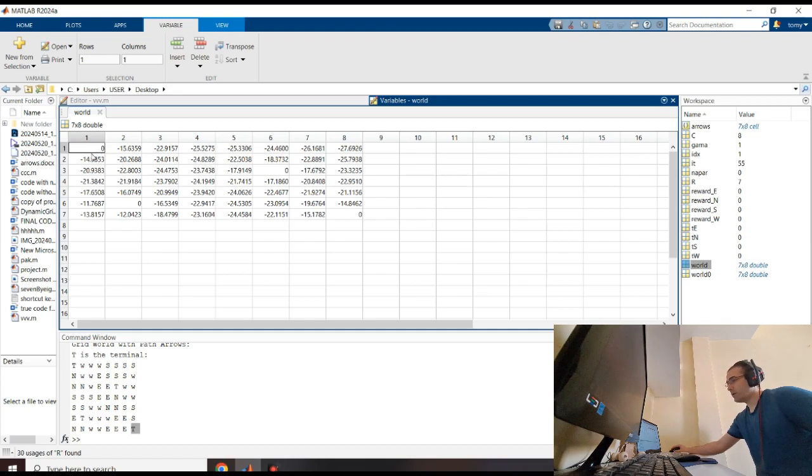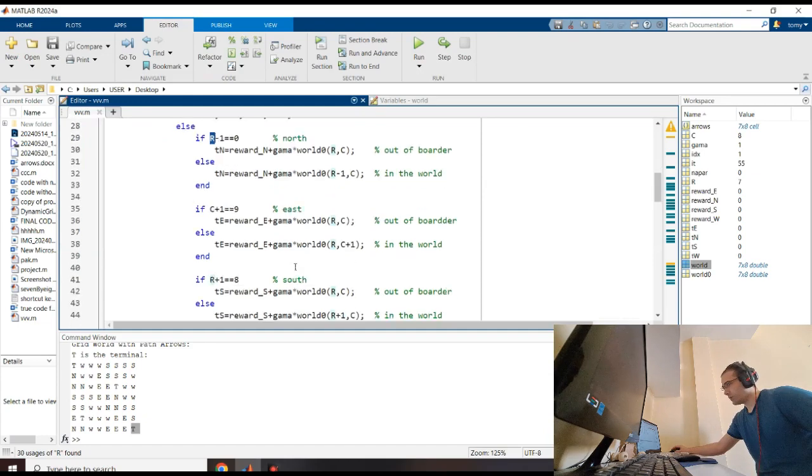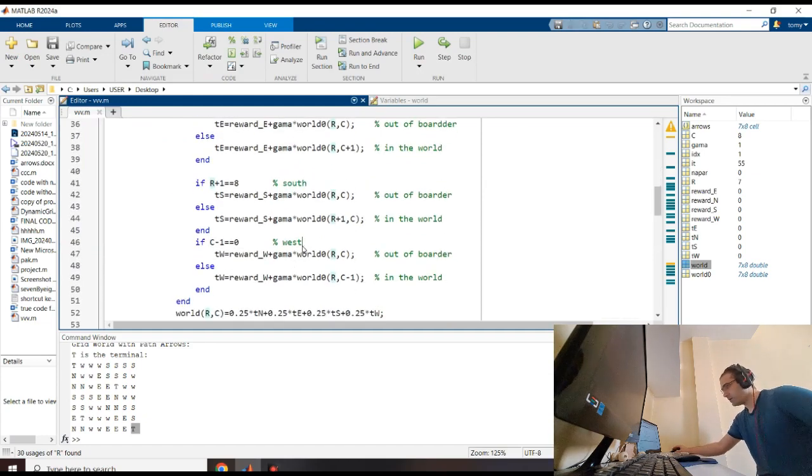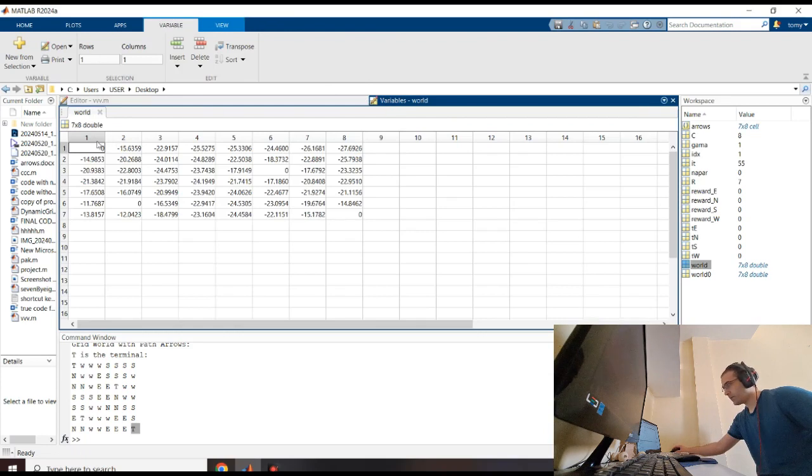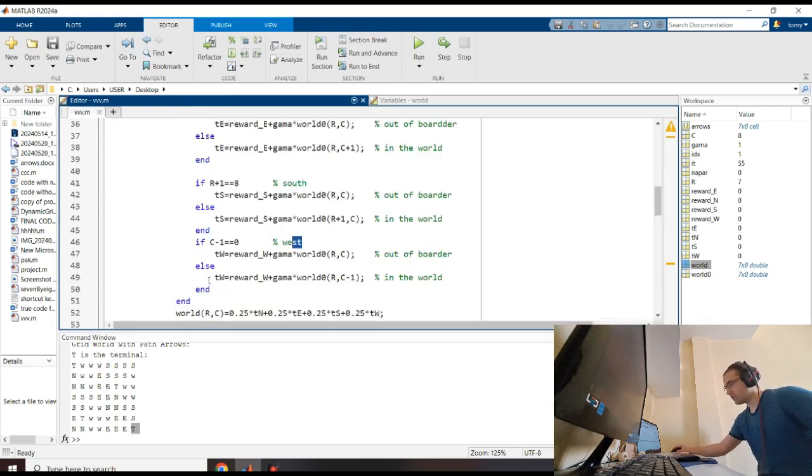Oh no, the rows are vertical, okay, so if it's getting minus 1, it means it's going to the north. So how about this one? This one is in the west, right? So the column minus 1 means it's going horizontally, getting minus 1, so it is west. It's true, it's true.